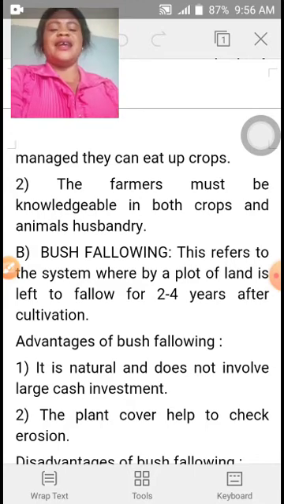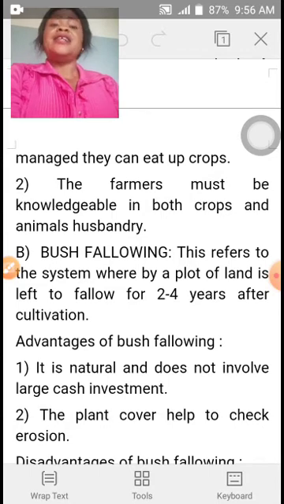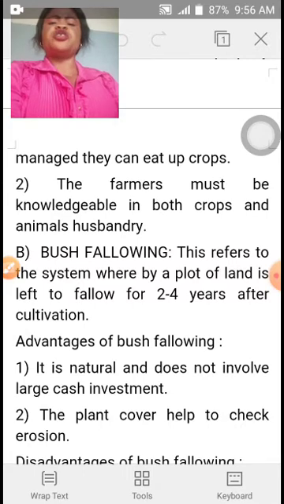Yes, it is necessary to fallow a plot of land to practice bush fallowing, because during the period of this fallow, the land will regain its nutrient, restore its nutrient back after it has been cultivated for many years.